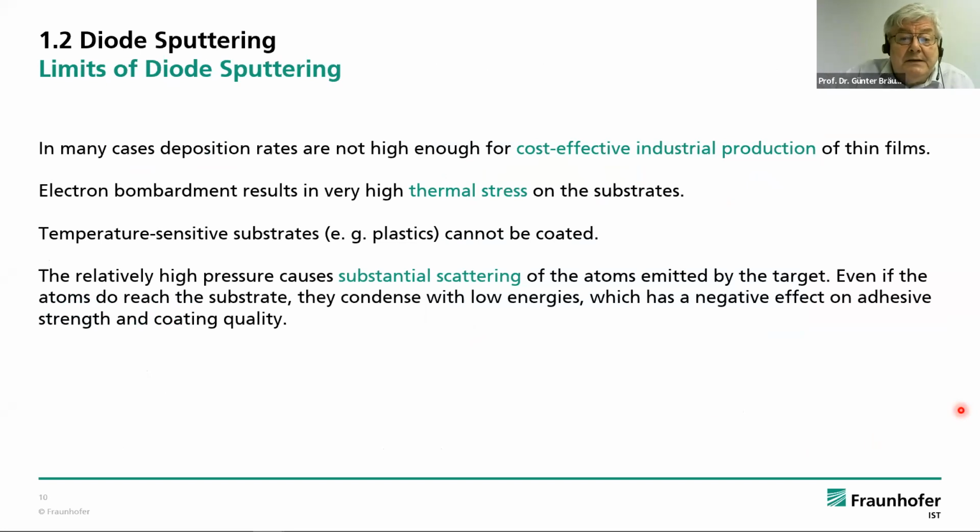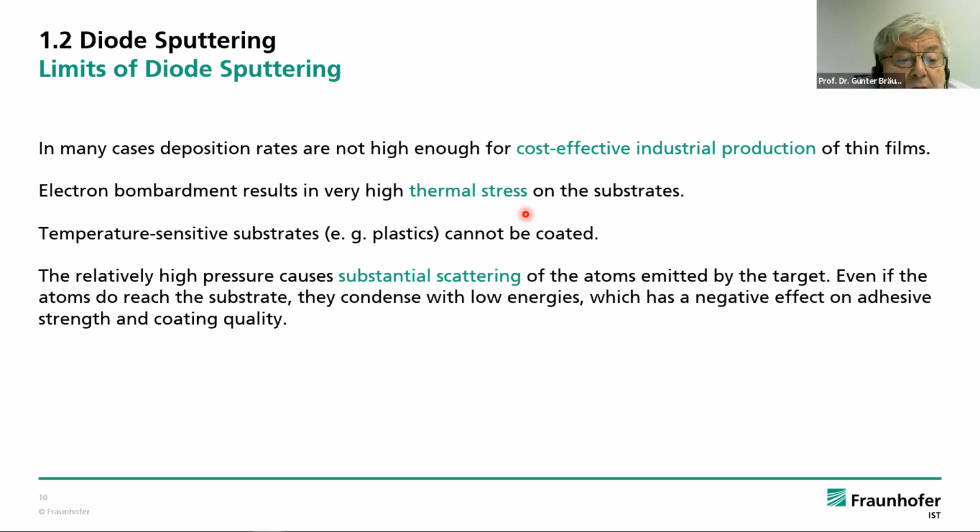What are the limits? As I said, in many cases deposition rates are not high enough for cost-effective industrial production of thin films. You have a high electron bombardment because you directly bombard the substrate, which is on anode potential, and this causes a very high thermal load to the substrate.